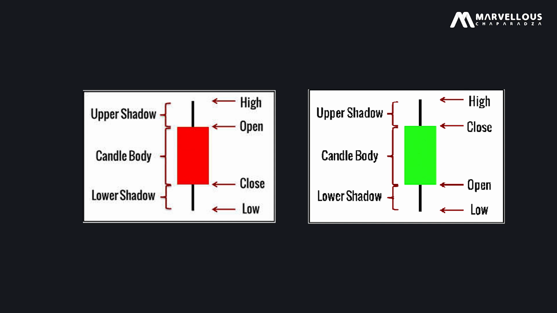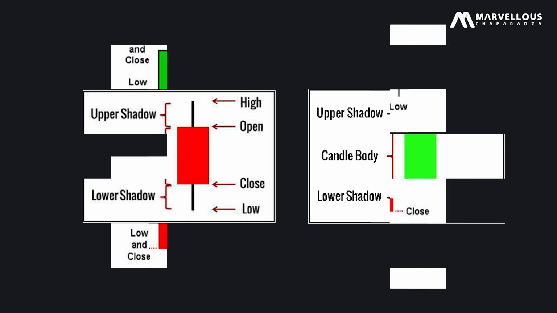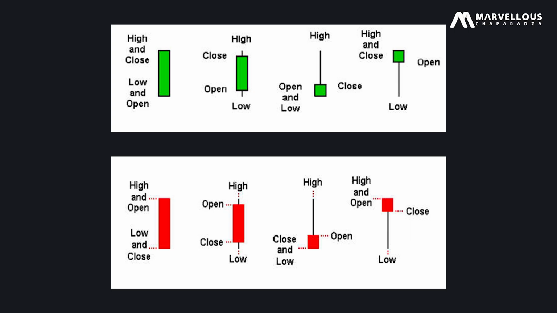Alright, so there are other factors to note on these candlesticks. So number one is the candlestick body or the upper and lower shadows. The candlestick body will show you the momentum or strength of the upwards or downwards price movement. Alright, so in these two pictures, one on top of the other, these are the different shapes that you might come across in your trading charts.